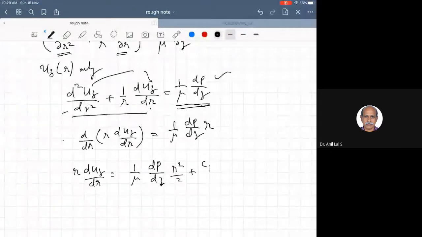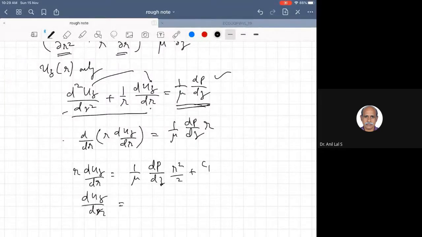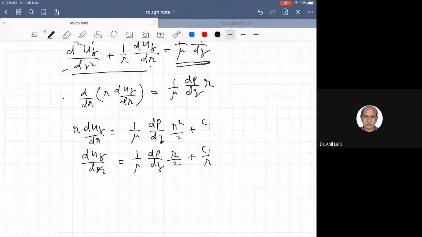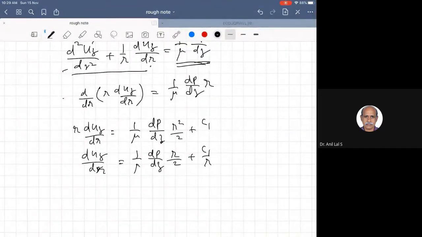Or duz by dr is equal to 1 by mu dp by dz r by 2 plus C1 by r. So integrating once we get this kind of equation, and let us see what C1 is.